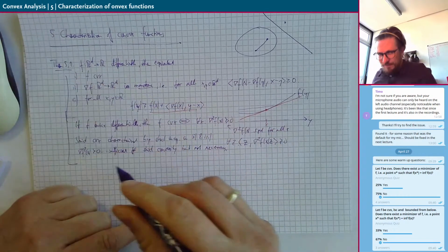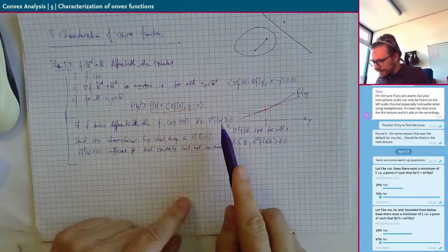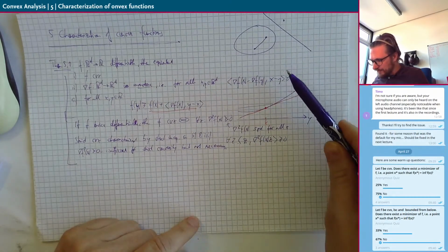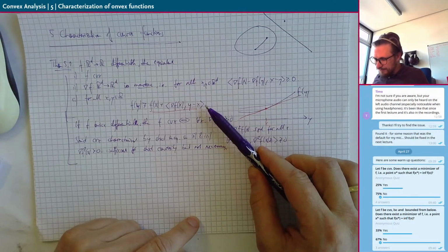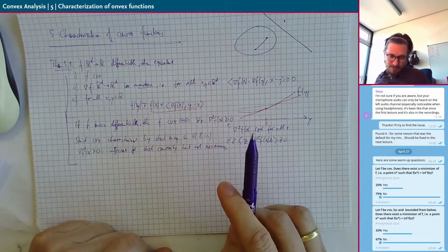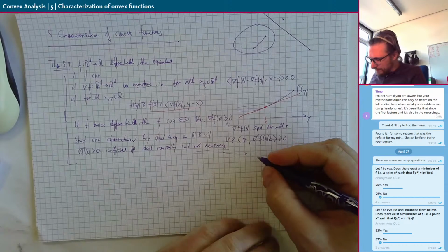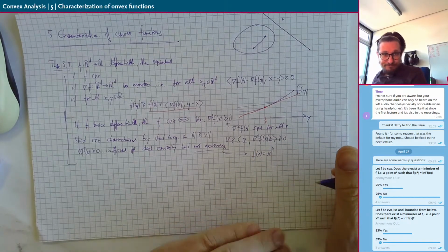So this is the full statement. These three things are equivalent, so they characterize convexity. Hessian positive semi-definite characterizes convexity. If we have strict inequalities here, we characterize strict convexity, and if we have strict inequality here, it's sufficient for strict convexity but not necessary. This part here is easily seen by f of x equal to x to the 4.